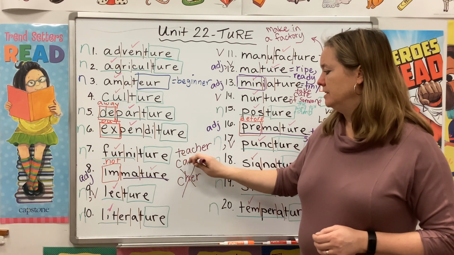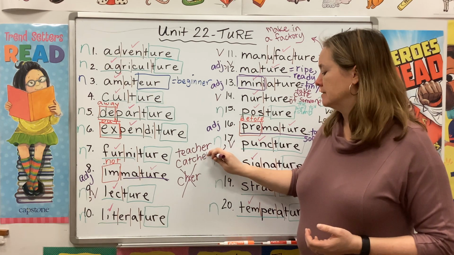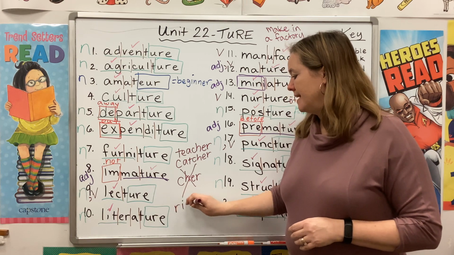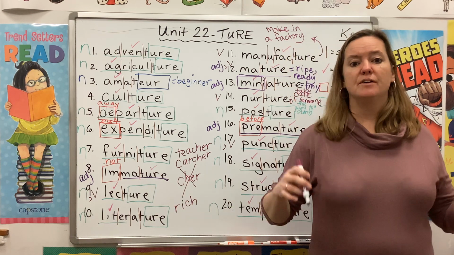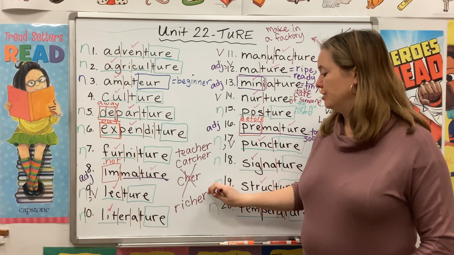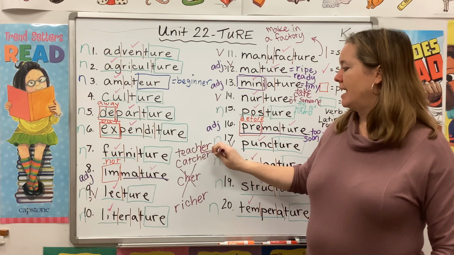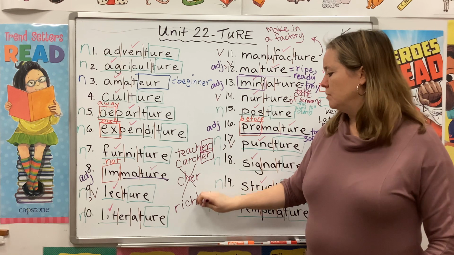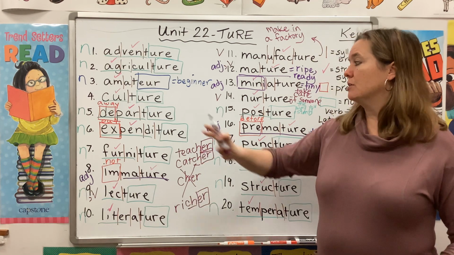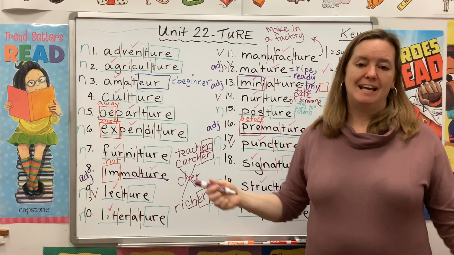A catcher is the person on your baseball team who catches. You might be rich and then you write another song and sell it, and now you are richer. Okay? The only time you're going to see that cher is when you add ER to a word that already ends with ch. The rest of the time you're going to use T-U-R-E, and the exception would be amateur.